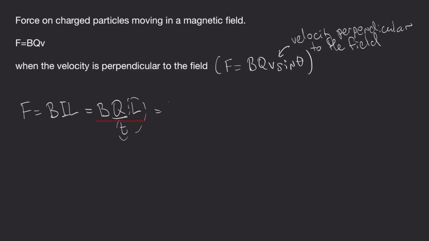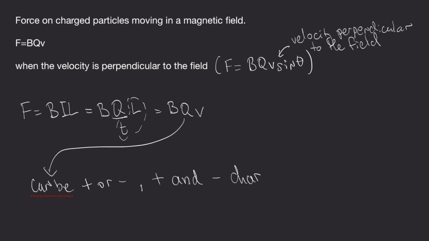So this here will then be equal to BQV for a charge that is moving perpendicularly to a magnetic field. Another important fact to mention is that the charge can be either positive or negative. So positive and negative charges will have forces from the magnetic field act in opposite directions.